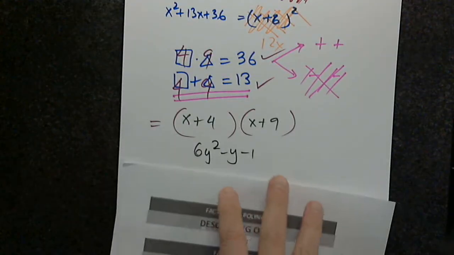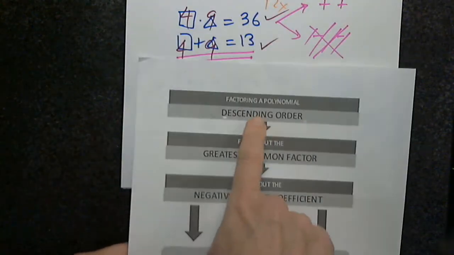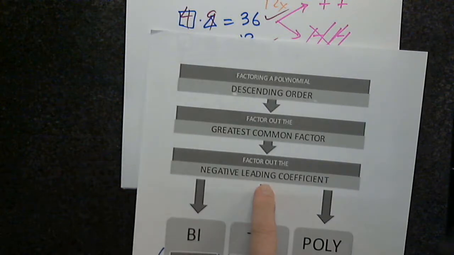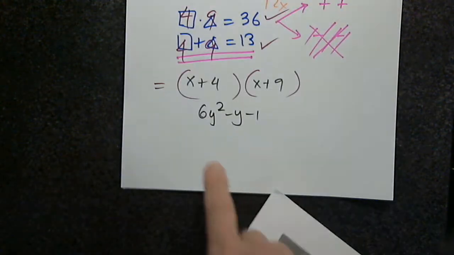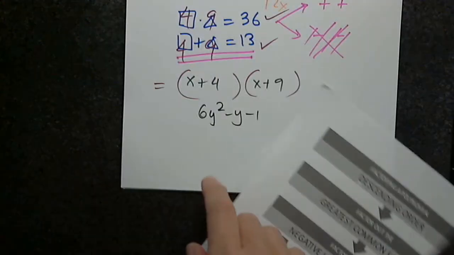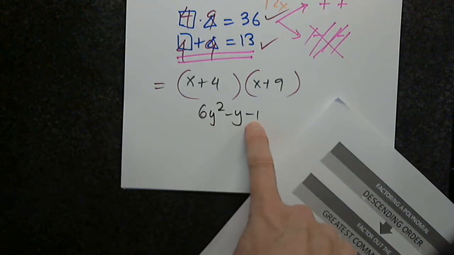I have to identify what it is. Is it in descending order? Yes. Greatest common factor? No. Negative leading coefficient? No. Special product? I hope not. That's not possible here. This is not a perfect square, and the last term is negative.